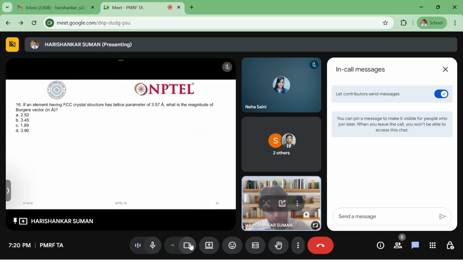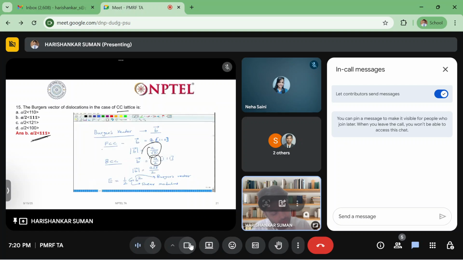So next question, let's see. An element having FCC crystal structure has a lattice parameter of 3.57 angstrom. What is the magnitude of the Burgers vector? A is given.